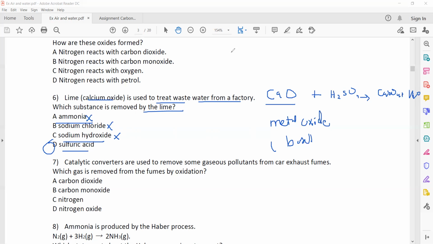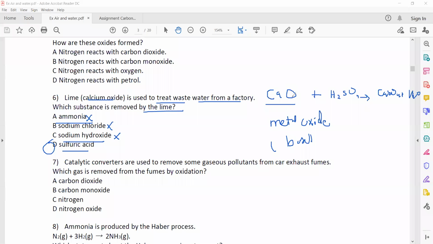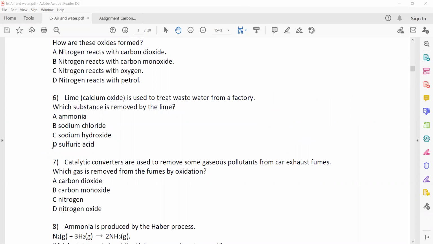That's why D is the right answer. So metal oxide or basic oxide can react with acid. Is it clear? Because calcium oxide is a metal oxide, it can react with acid. That is why D is the right answer.